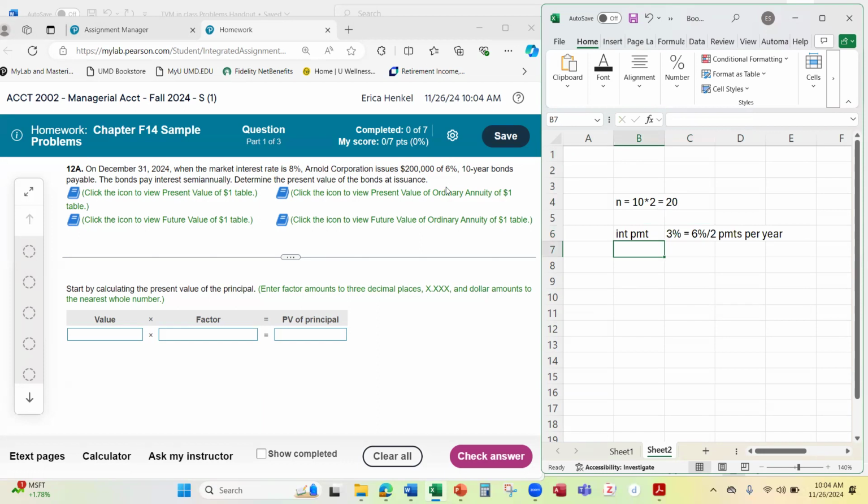So if we have $200,000 worth of bonds, our interest payments are going to be 0.03 each, 3%. So that is our semi-annual interest payment. Okay. And we want to know what is the present value of the bonds at the issuance.